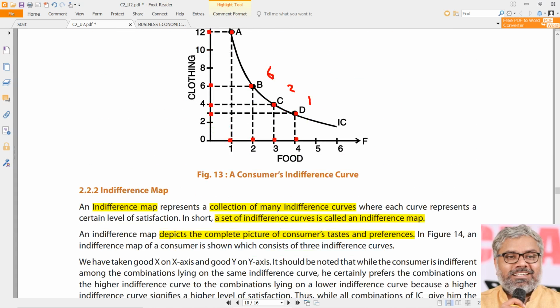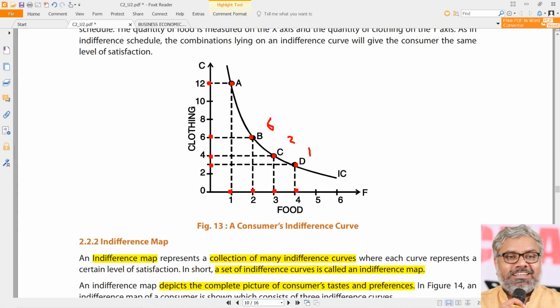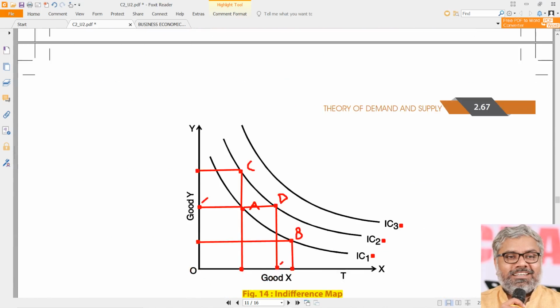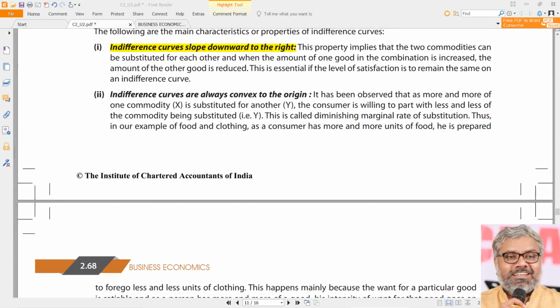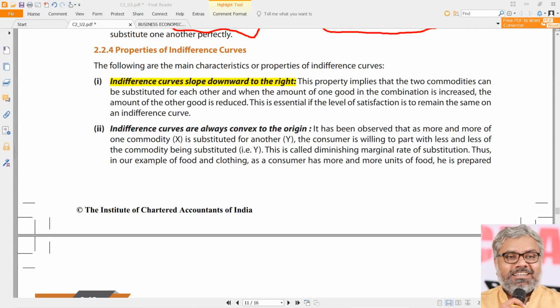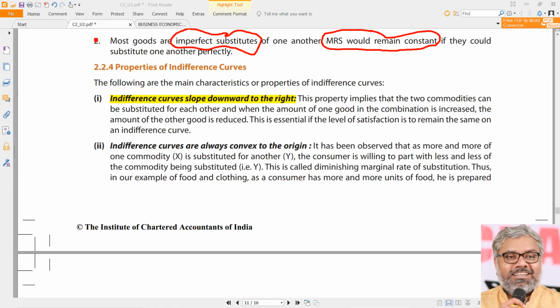Since it decreases, the indifference curve is sloping downwards from left to right. That is the first characteristic of indifference curves, and the reason is the inverse relationship between consumption of one commodity and another commodity. That's it. That's what is given here.